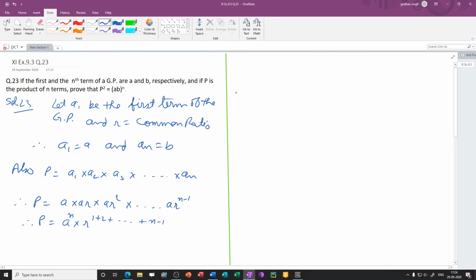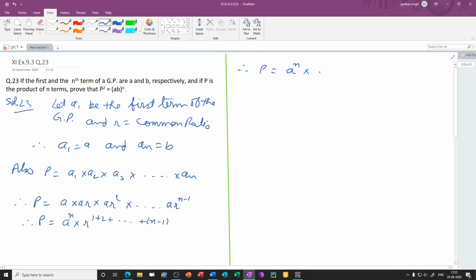So P equal to A raised to n into, and what is this 1 plus 2 plus 3 plus so on? If you see it very carefully, this is an AP, its common difference is 1, so we'll use the formula of the sum of n terms of an AP.